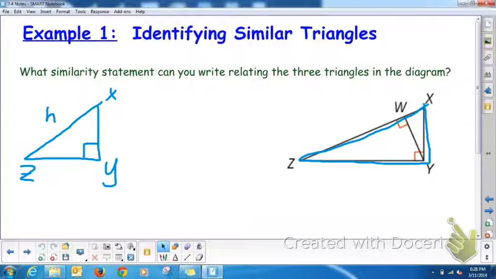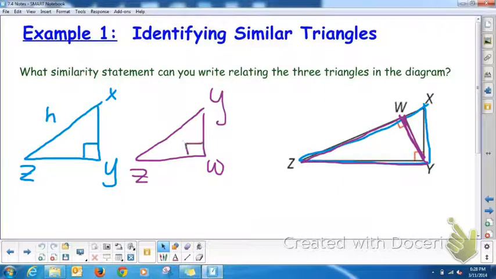Then our next triangle is this one, because this is our altitude, YWZ. I'm going to take it out and flip it around. I have YWZ, where W is the right angle and YZ is the hypotenuse. So I'm facing it in the same direction.